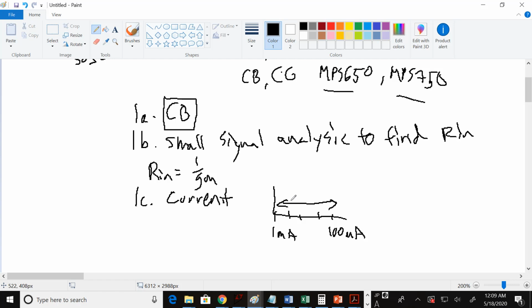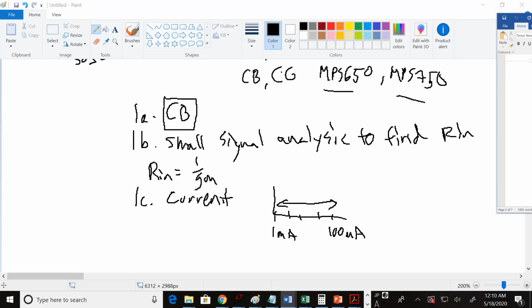So for the 650, I think it's 1 milliamp to, like, 500 or something. I can't remember now. But usually you want to pick the current first, just because it does the most damage if you pick it wrong, and it can use power if you pick something too high. And a lot of devices made these days are for wireless devices that have to run on a battery, and you just don't want to run down the battery.